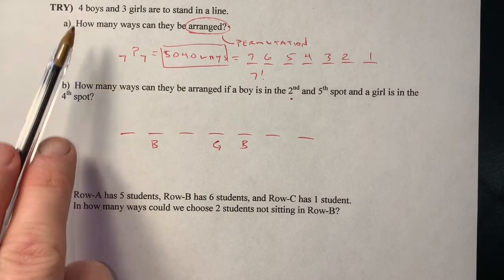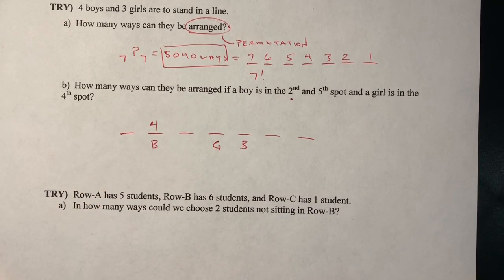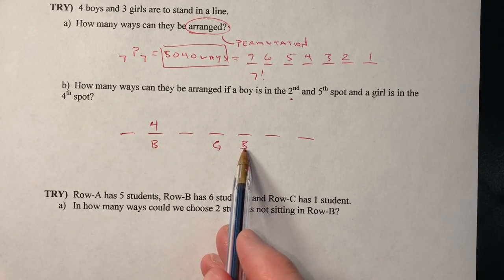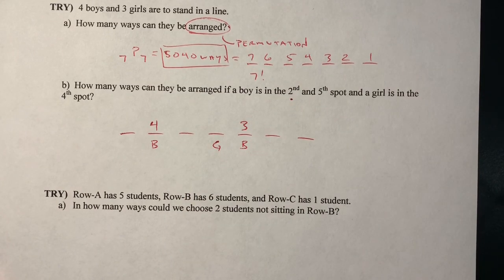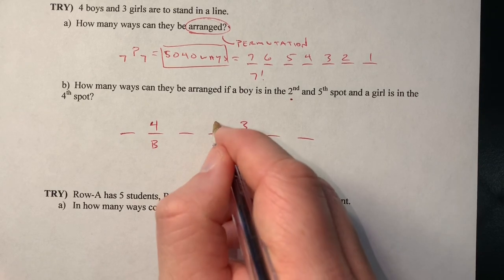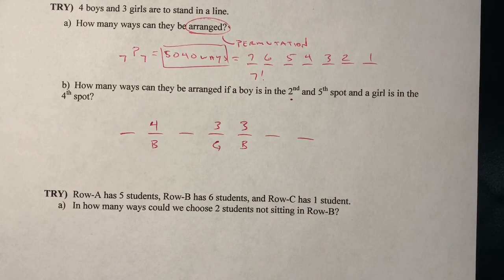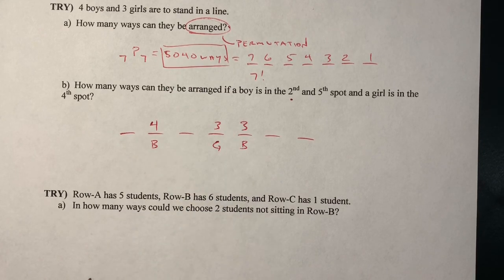There are 4 boys. So for this first boy spot, I have 4 options. Now that I've placed a boy, for this second boy spot, I only have 3 options. There are 3 girls, so for this spot with a girl, I have 3 options. At this point, I have placed 3 students.